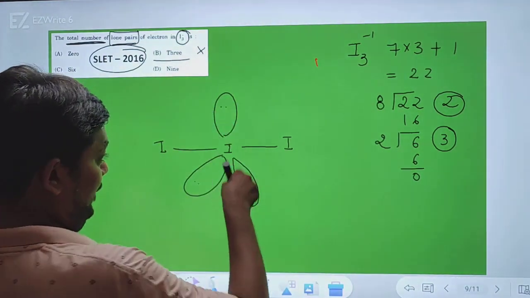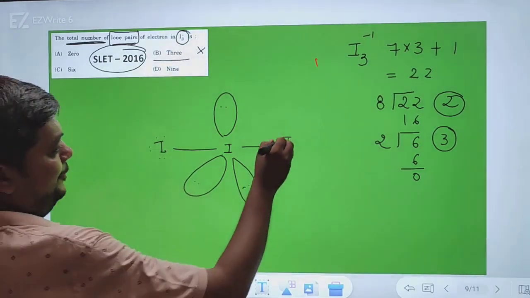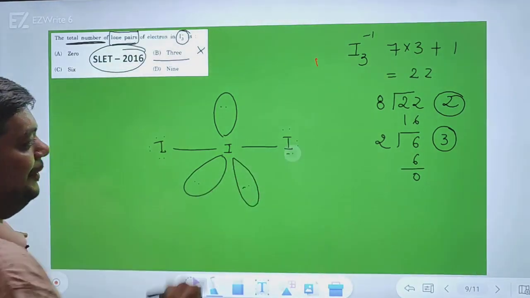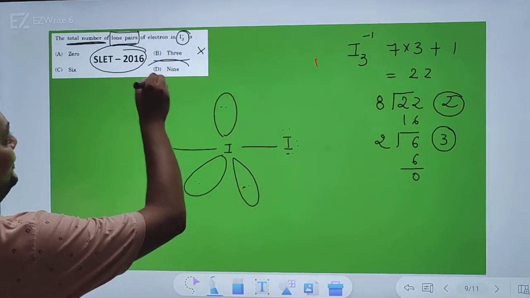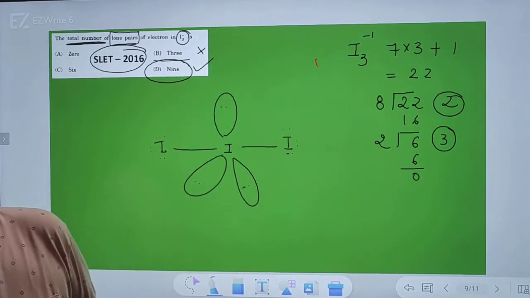Now 3 lone pairs on this iodine, 3 lone pairs on this iodine, and 3 lone pairs on this iodine, a total of 9 lone pairs, and so my answer will be 9, SLET 2016.